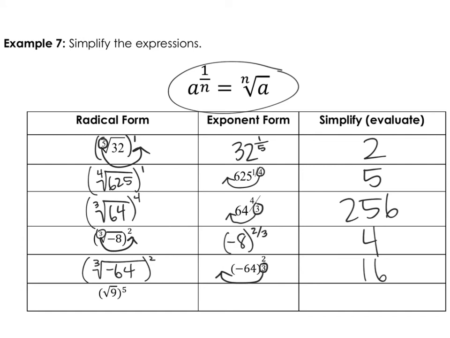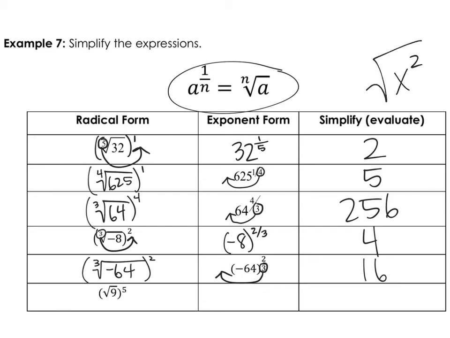Okay, last one. This one's a little tricky because there's no number right here for our radical. Now, if you think back to if we were solving an equation, whenever we had an x squared, we would undo it with a square root.